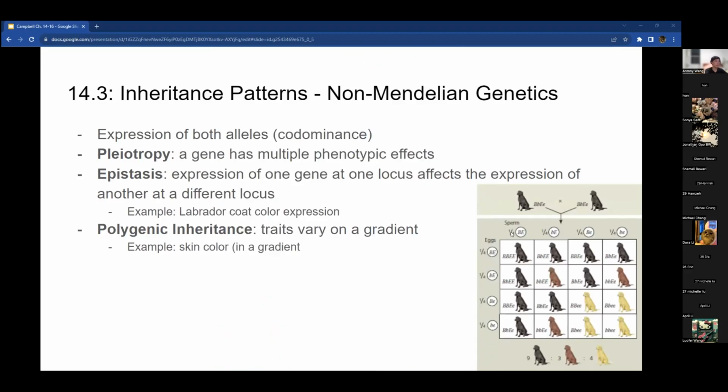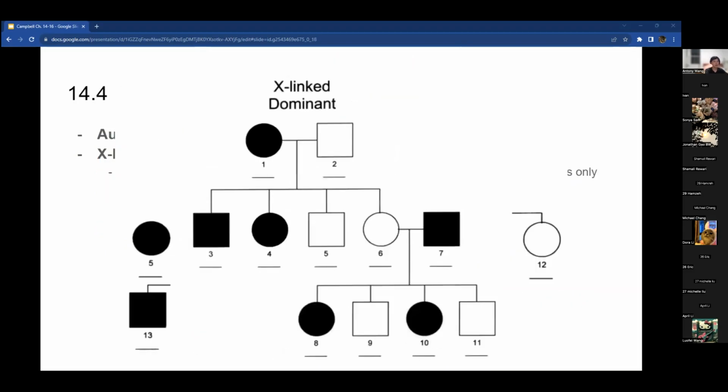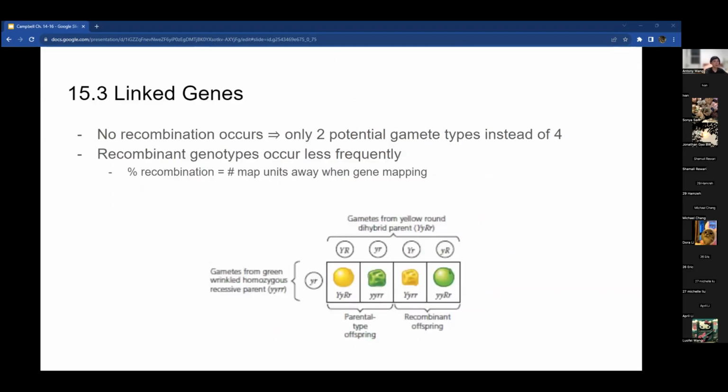This is a Mendelian tree for 2 different genes, right? You see how there's one allele for coat color and one allele for presence of pigment. And you can see how if the genes are unlinked, then they can result in 16 different phenotypes, right? But let's go back to where we were.